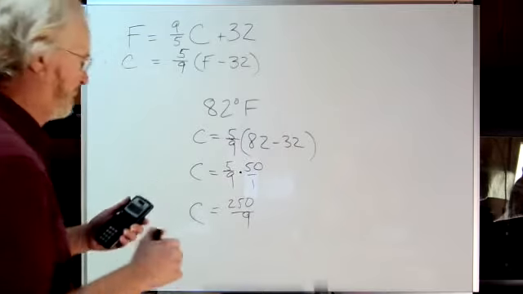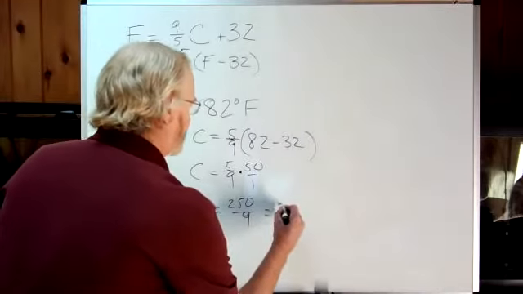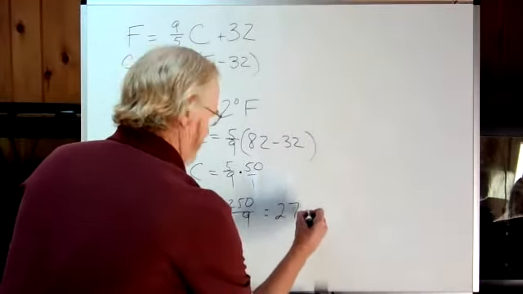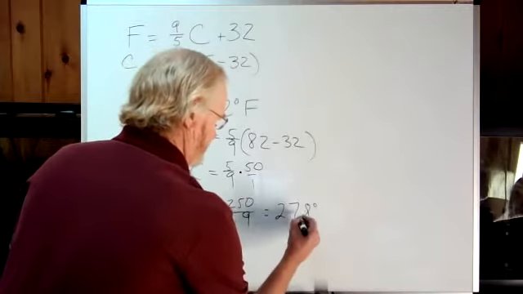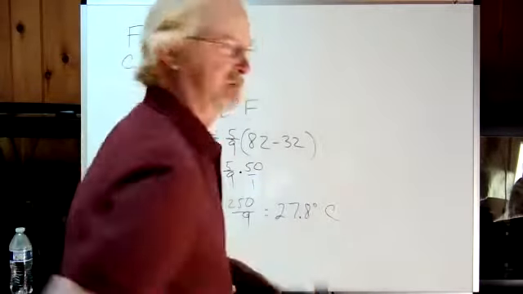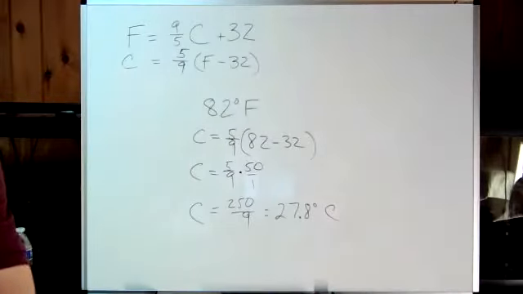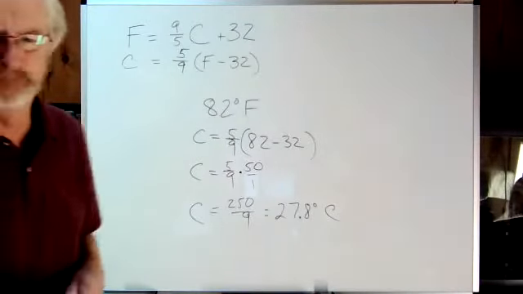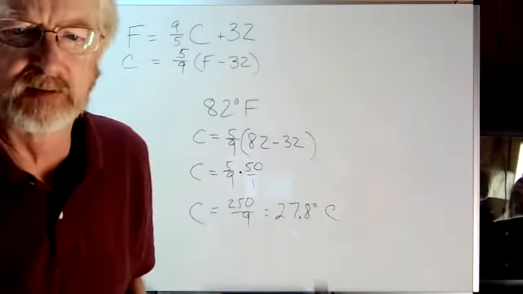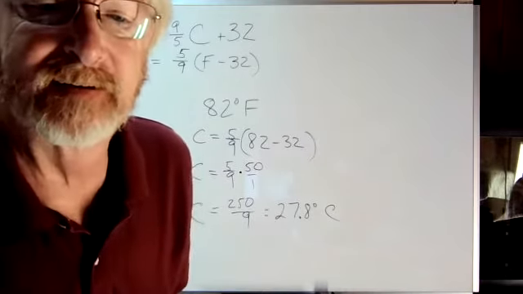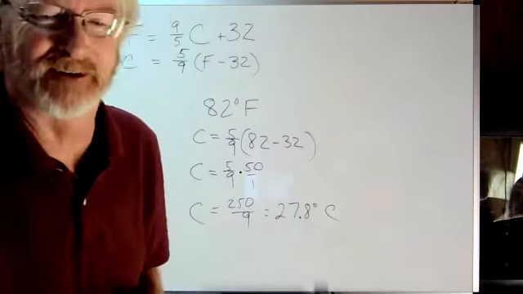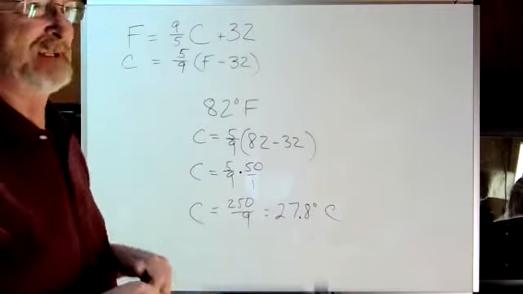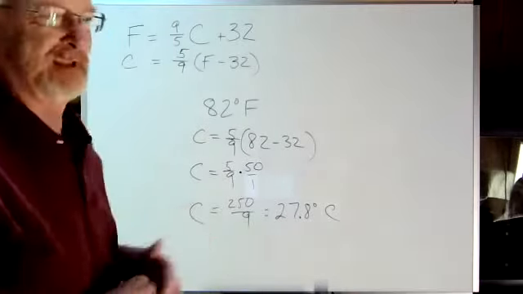And I get, let's call it 27.8 degrees Celsius. That help? Just seeing it again? Is that you, Julia, that asked that? Yeah, whoever. Hard for me to see who asked that to begin with, but anyway, yes.